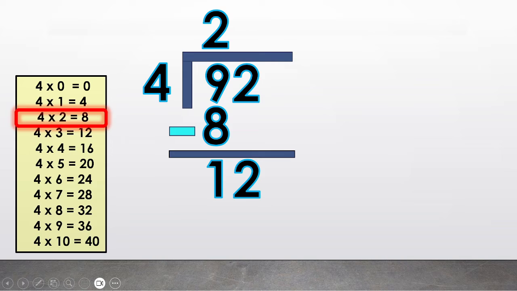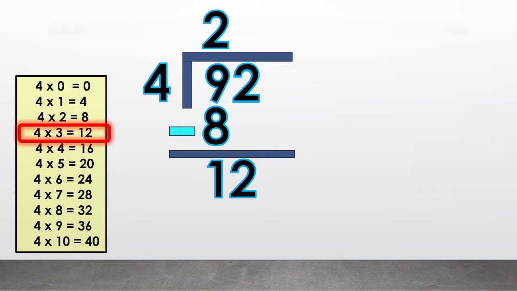Find how many times 4 goes into 12. We will use the multiplication table of 4 to help you divide faster. So, we will use 4 times 3 equals 12.